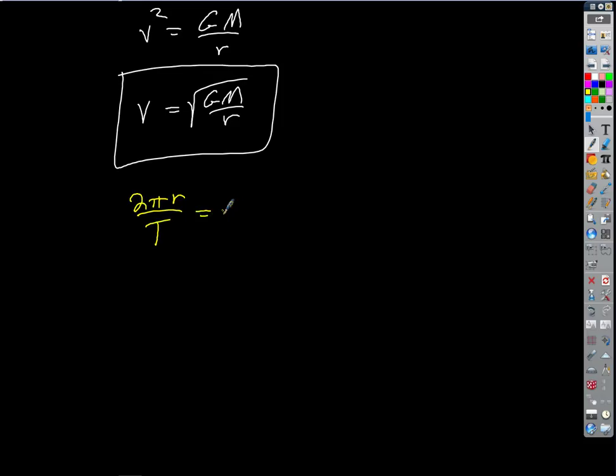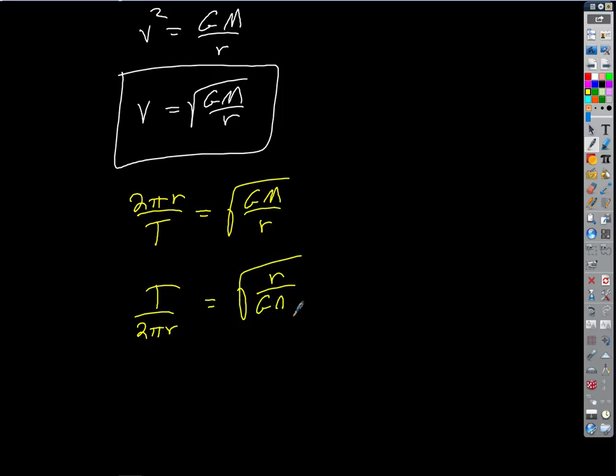Equals this. And if I want to solve for t, what would I do? I could flip both sides. So t over 2 pi r equals the square root of r over GM, right?